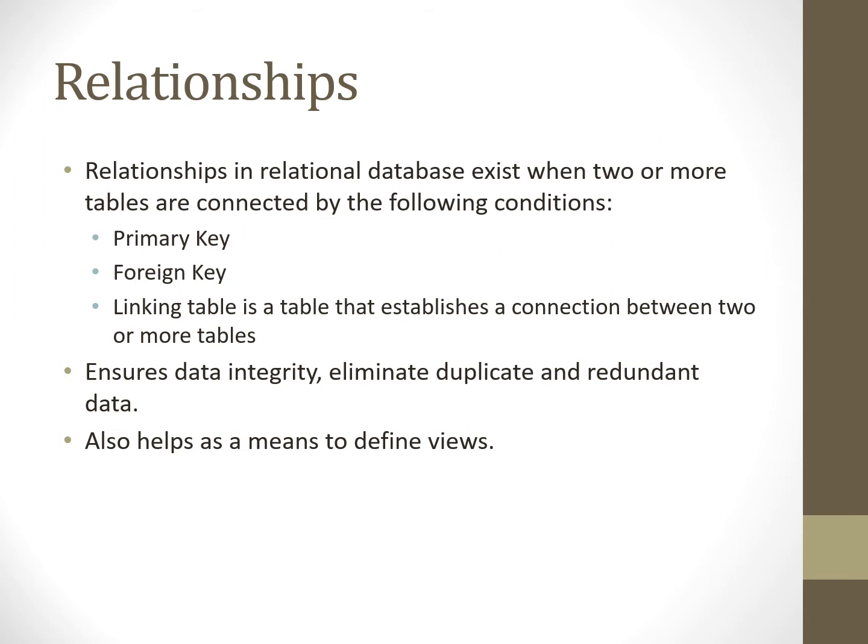So this exists when two or more tables are connected by the following conditions: your primary key, your foreign key, and the linking table, which is the one connecting these two tables. What is the purpose of this one? They ensure data integrity, because later on we'll try to eliminate duplicate and redundant data. This also helps us as a means to define views.